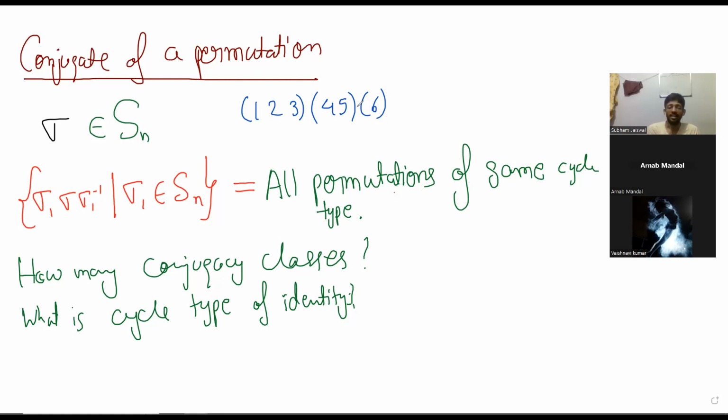The cycle type. Yes. So it is a sequence, right? In some sense. You have to say it in slightly more precise way, say non-decreasing. We can also say n cycles of length one or something. That's another way. That will also work.